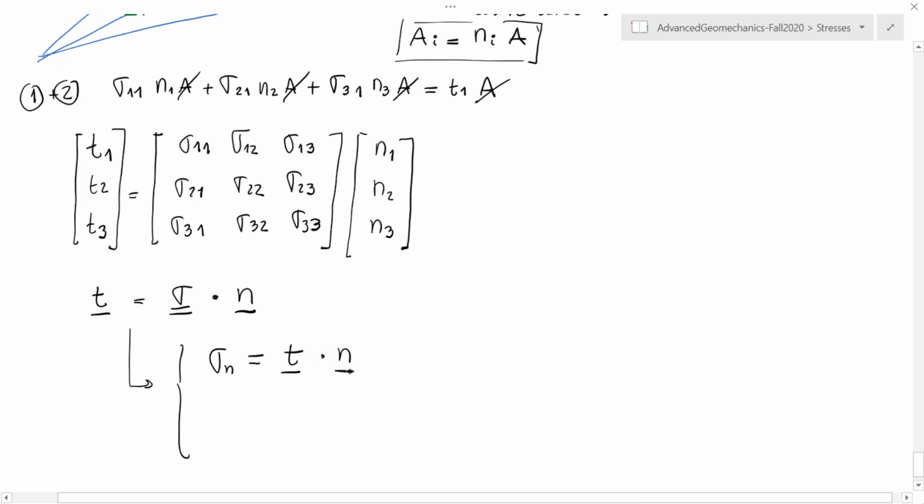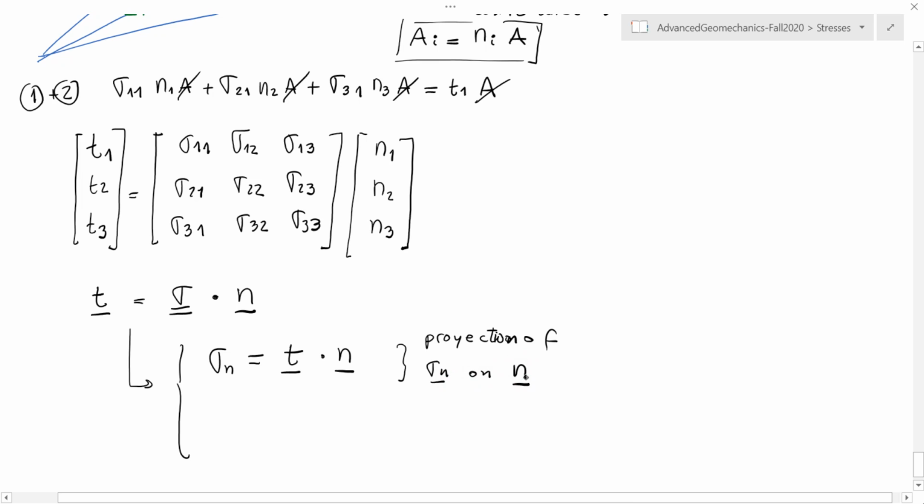The dot product of two vectors is going to give you just one value, a real value, right? And physically, this means a projection of sigma n on direction n.